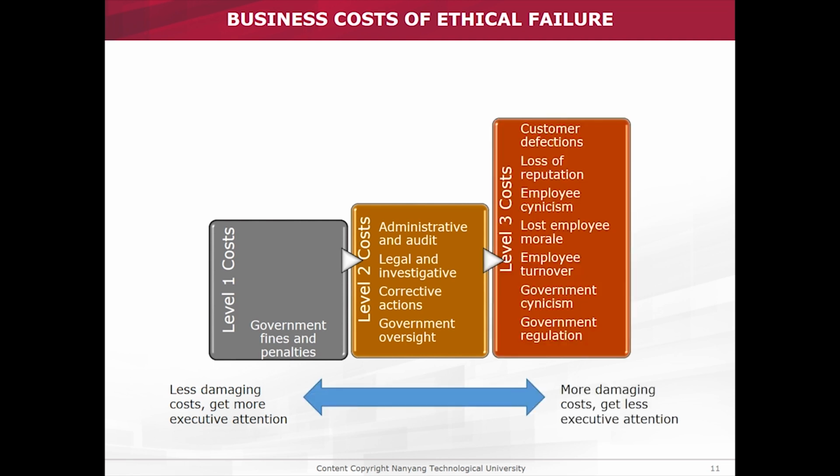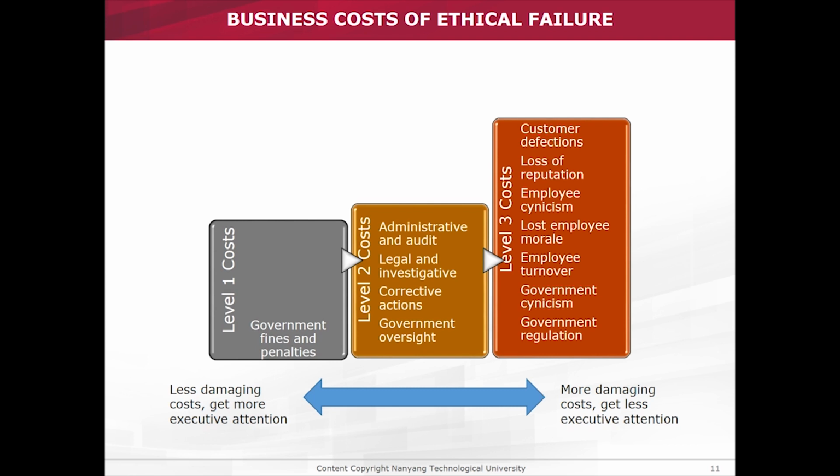Level 3 costs: customer defections, loss of reputation, employee cynicism, lost employee morale, employee turnover, government cynicism, government regulations. Level 3 costs are truly damaging, but more abstract to managers.